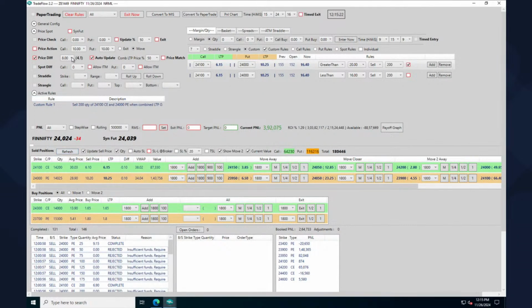Right now, as I said, I have only one condition here. Let's see if that condition is going to be met. I had one more condition, if less than 16 you sell something, but I think it already did. You got to see some trades here. I'm going to add some additional hedges.